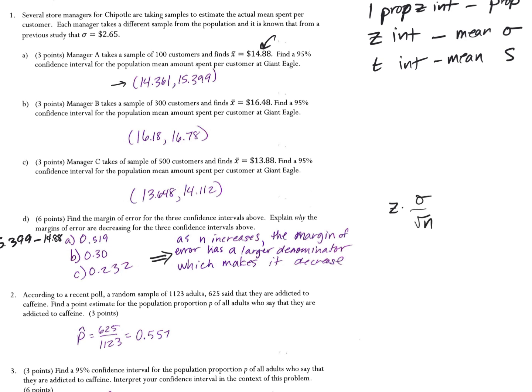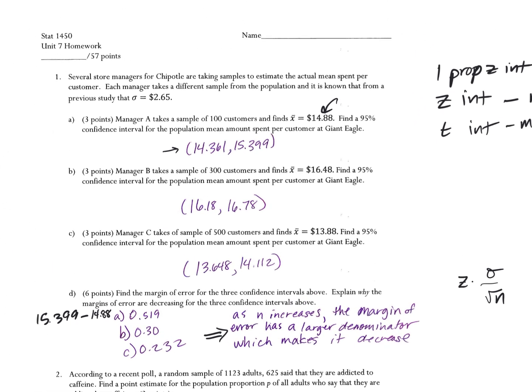So the mathematical explanation is larger values in the bottom of my fraction are going to decrease my margin of error. If you also said instead something like, oh, if I have a larger sample, I know more about my population, I'm comfortable with less wiggle room, that would also be an appropriate explanation because that's kind of how we talked about it when we talked about Mr. Paletta and estimating his age. Okay? All right. Questions on kind of number 1?